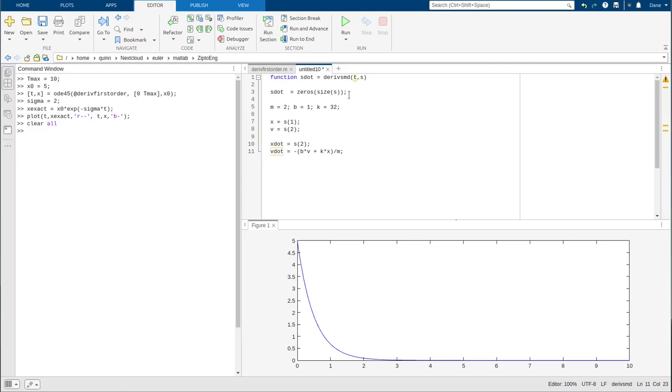Remember, X dot is the velocity. Velocity is V, or S2. V dot is the acceleration, which we get from the equation of motion. And then we need to output these two things. So S dot is equal to X dot, and then V dot. So there it is. There's our equation of motion defined in MATLAB.